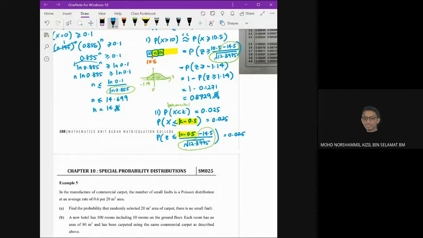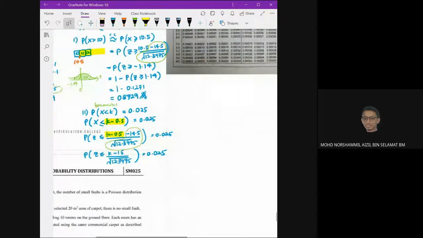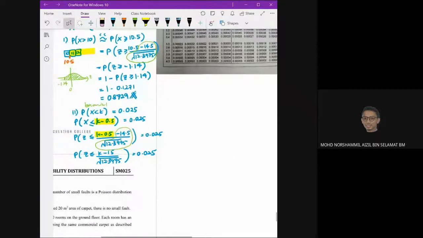Alright. And then what should we do next? Simplify. Yang mana boleh simplify? So Z less than or equals to K minus 15 over square root of 12.3975 tadi. Equals to 0.025. Dapat idea? Okay. Let's take a look at the table, guys. Find this one at the table.